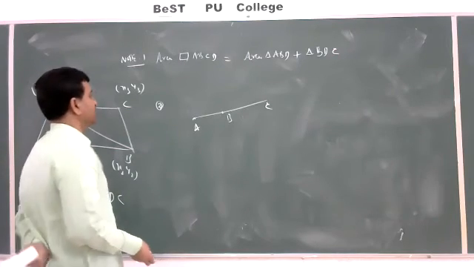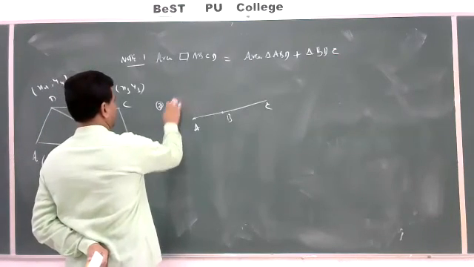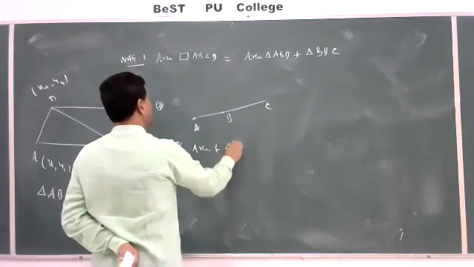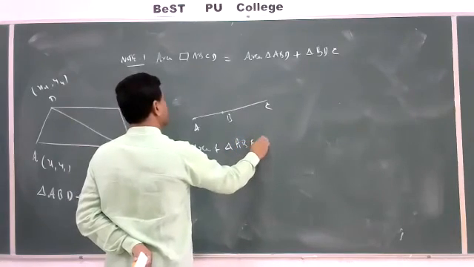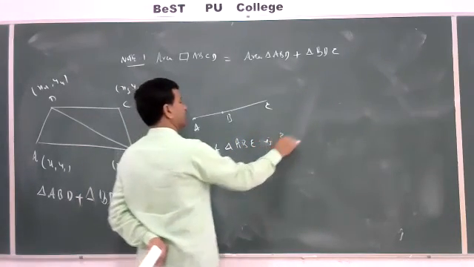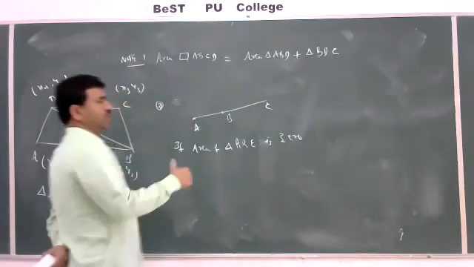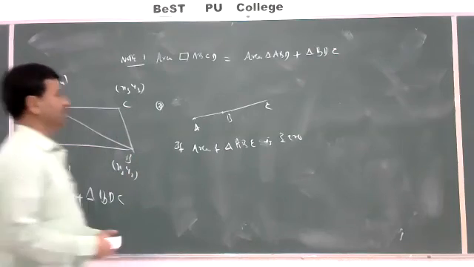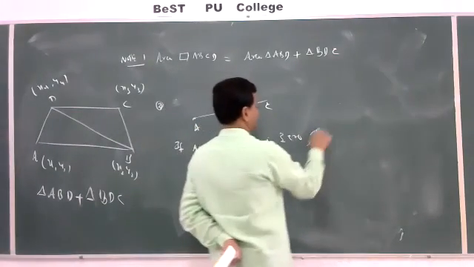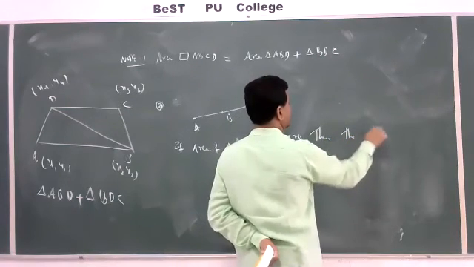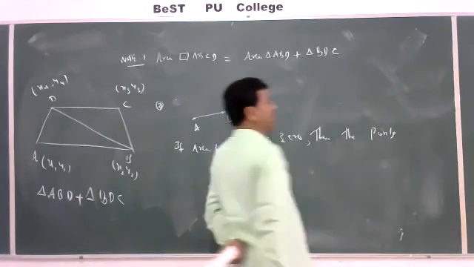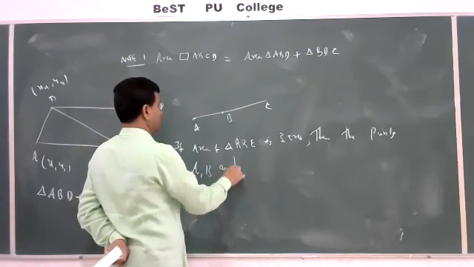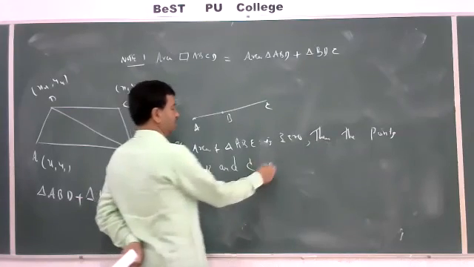Condition for collinearity: second point, if the area of the triangle ABC is 0, then the points A, B and C are collinear.